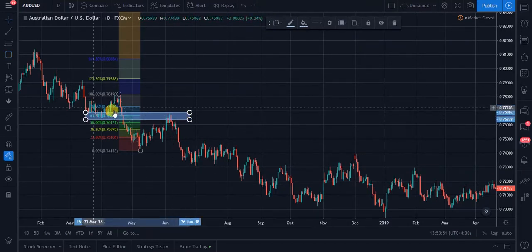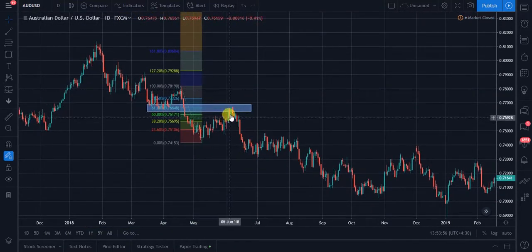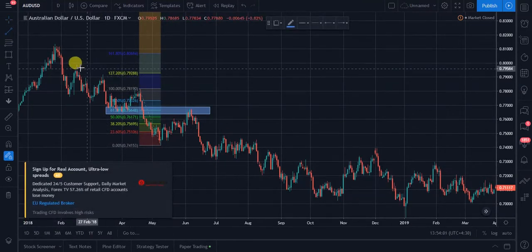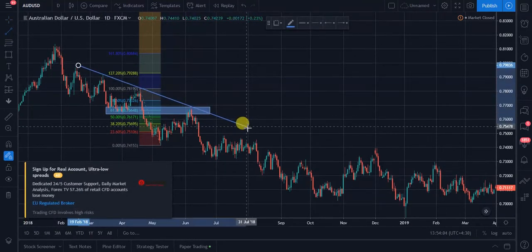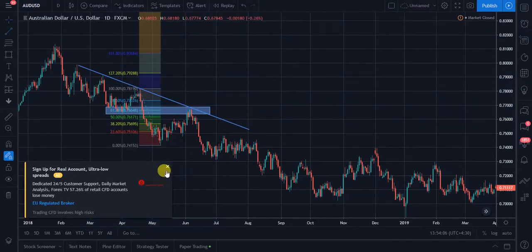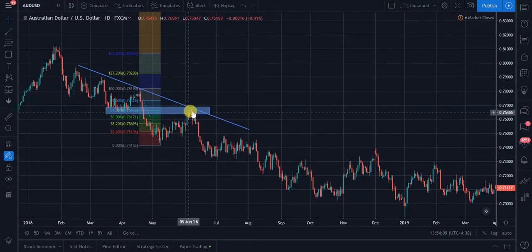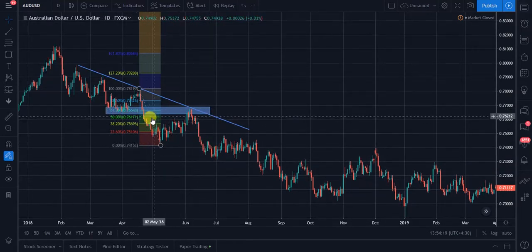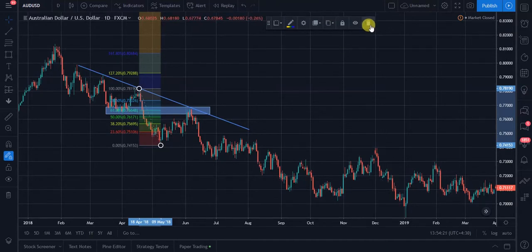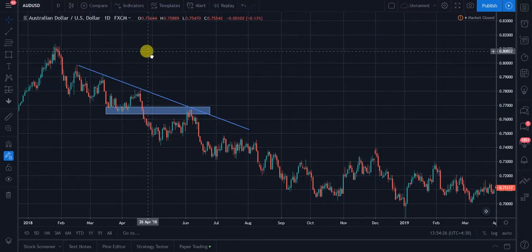So here the support turns to a resistance zone. So here some traders are entering the trade. Also we have a trend line touching. So the great area is here, and also we can see some bearish candlestick patterns here for entering our trades. But for exit trades we use Fibonacci extension.